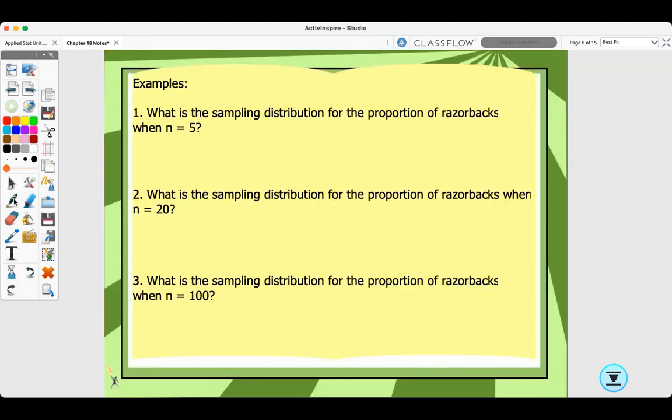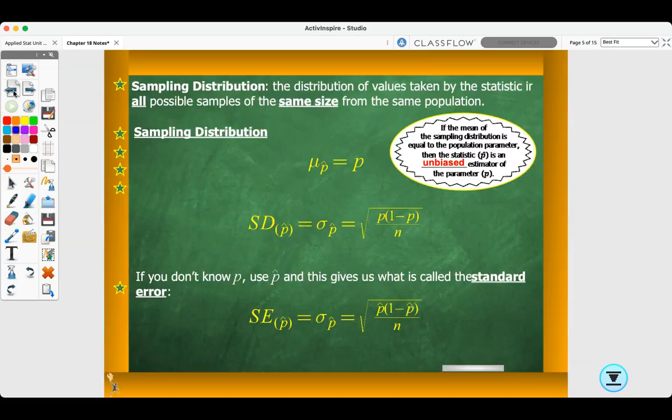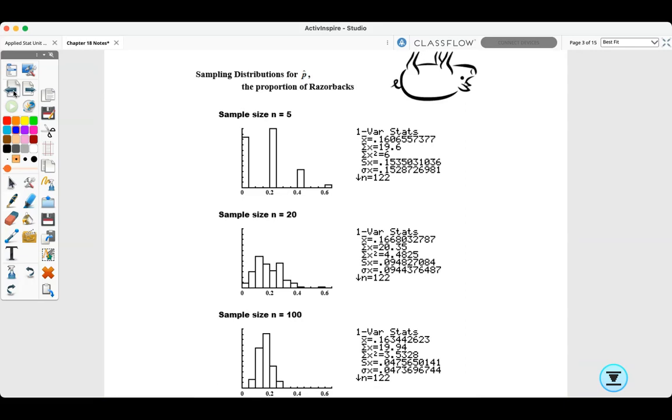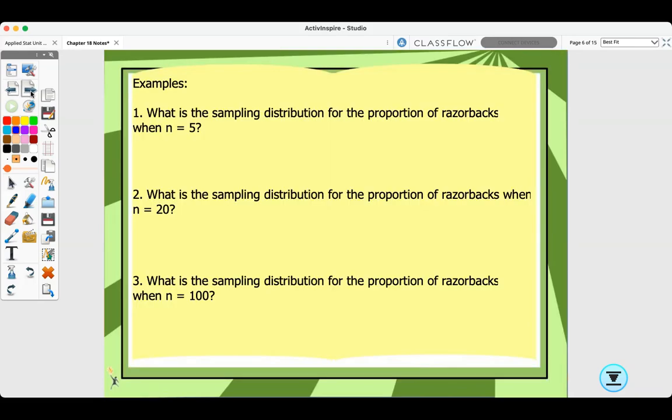Let's look at our examples. What is the sampling distribution for the proportion of Razorbacks when n equals 5? So we need to find mu of p hat using our data from this page here. So mu of p hat would be 0.161 because that's what x bar was.